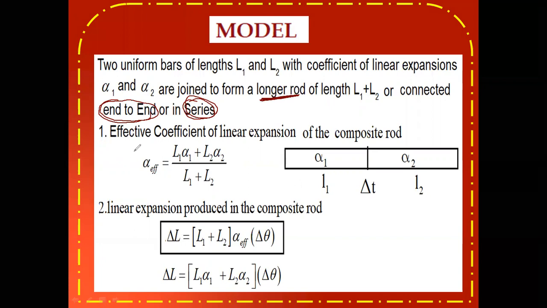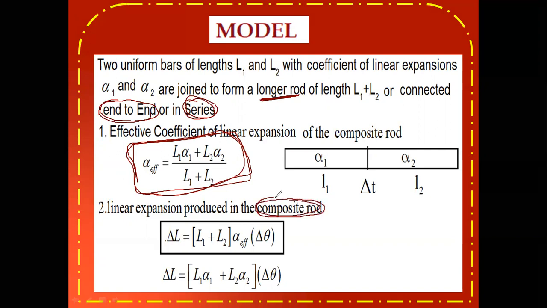In that case, the first formula we have to keep in mind is alpha effective is equal to L1 alpha 1 plus L2 alpha 2 by L1 plus L2. And the second one is the total expansion of this composite rod. Sometimes they will use the technical term composite rod.